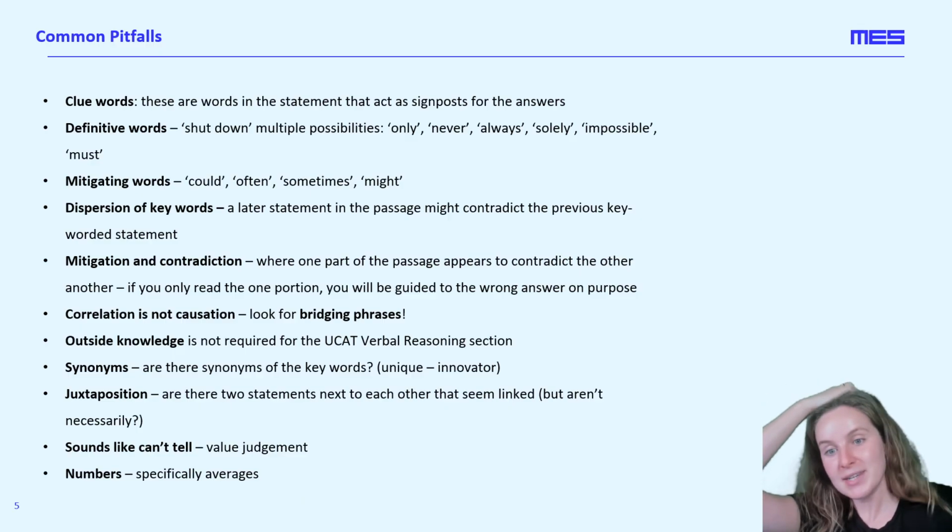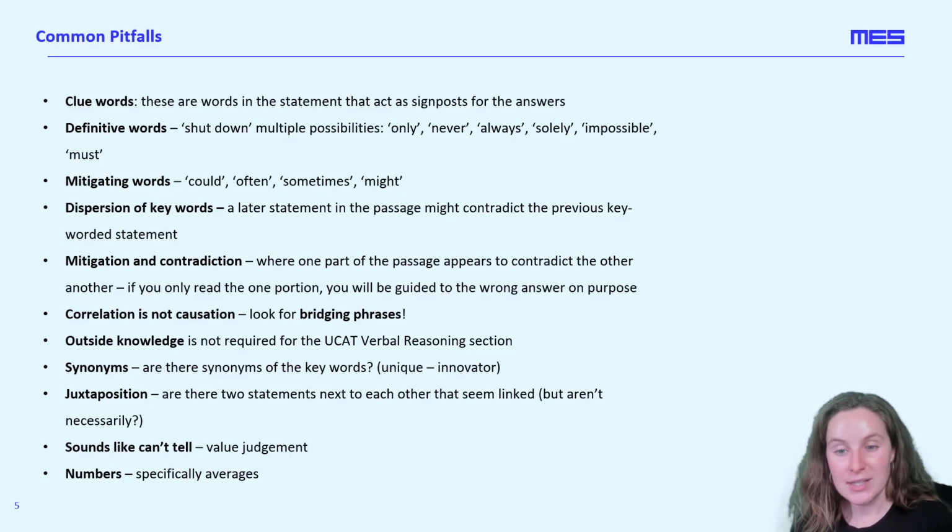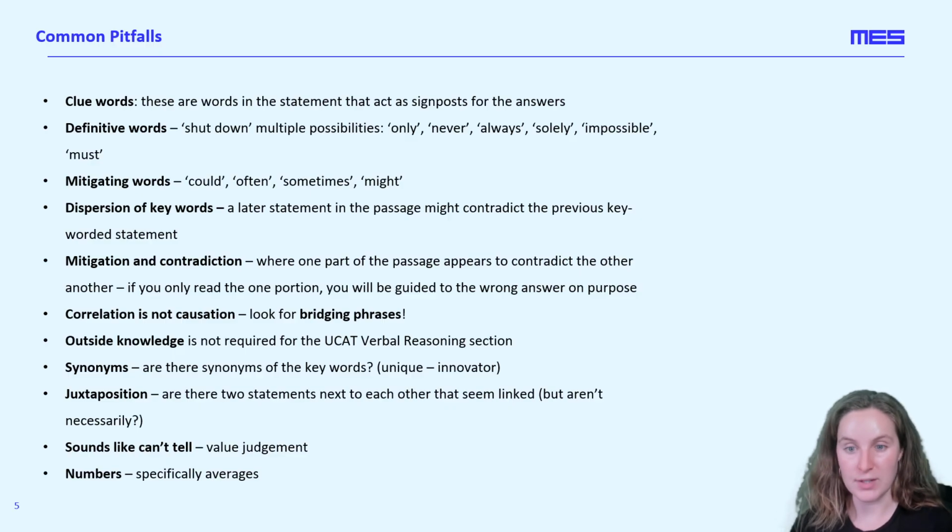The statement within the passage is broader, so if it says it could be blue in the statement that you're trying to evaluate, then you are guided towards that being accurate, that it is a possibility, versus if it was a definitive word, that they are always blue, but in the passage it says they are made in a variety of colours, that would guide you towards it being definitively false.